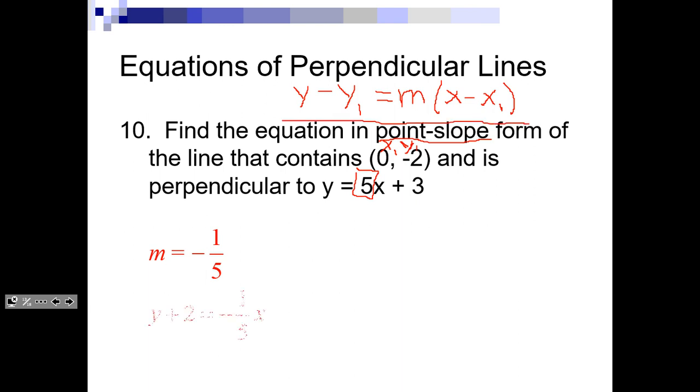So we end up with y plus 2, because the y minus -2 becomes a plus. And the -1 over 5 x, we end up getting rid of those parentheses because -1 over 5 times 0 is just 0. So we do not need that extra part.